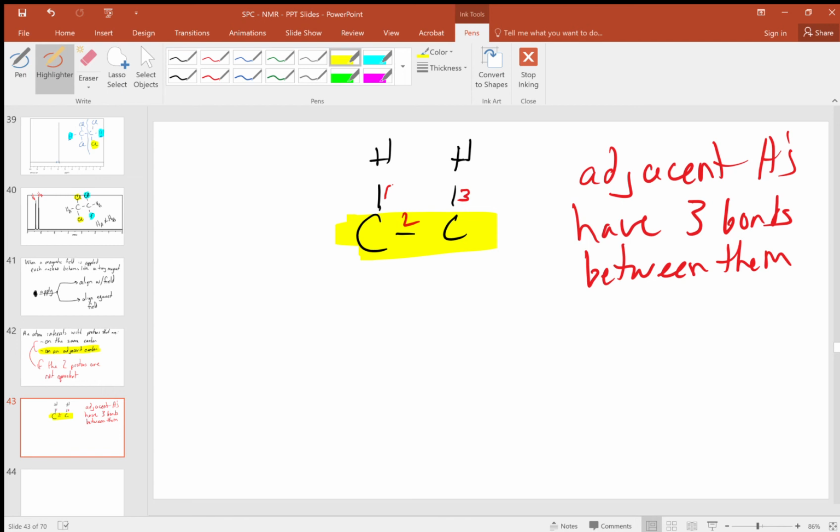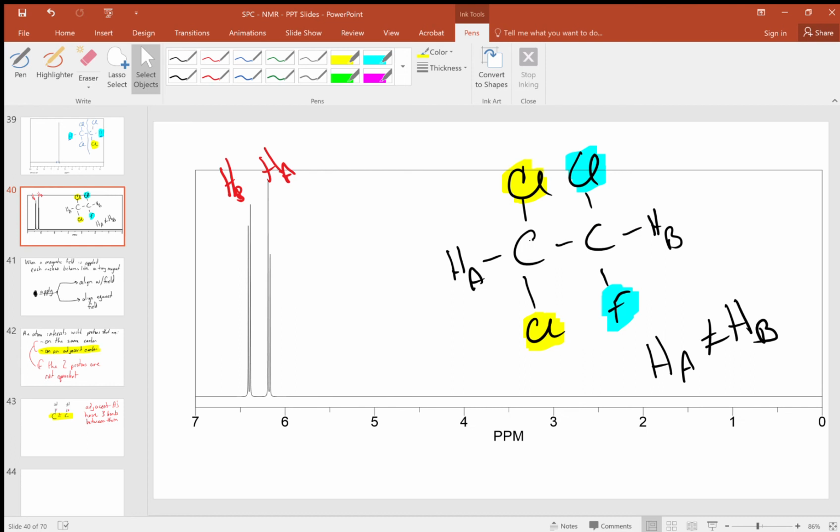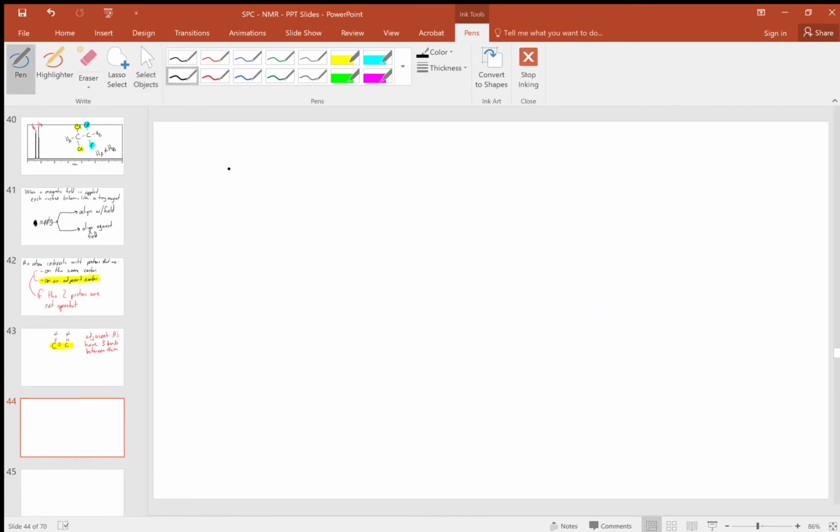Alright, now why does this matter? Does this explain why we get 2 peaks for each hydrogen instead of just 1? Well, let's look at this molecule again. So let's consider HA.